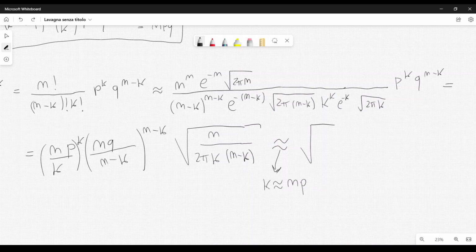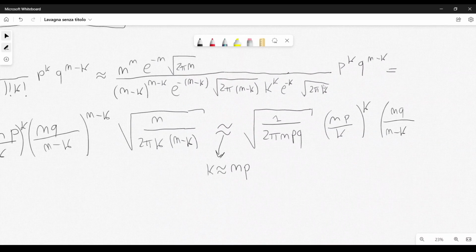So here I get the square root of 1 over 2 pi n times p times q. You also have to remember that p is equal to 1 minus q, and I have simply rewritten the content of this square root. Then I have n times p over k to the k, n times q divided by n minus k to the power n minus k.